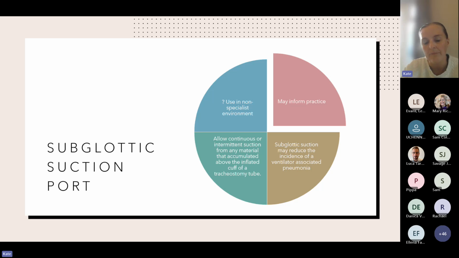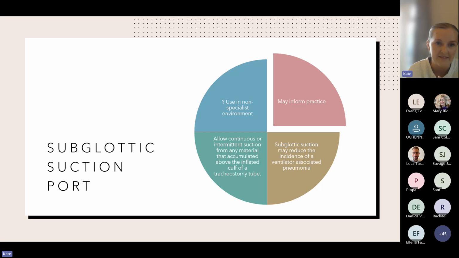If they are on a ventilator and you're looking at putting the cuff down and potentially a one-way valve in situ during ventilation, the pressure of the ventilator can actually aid the removal of those secretions sitting above that cuff, and there is evidence to show this. So it does inform our practice, but it's one component of many that helps us make those decisions.